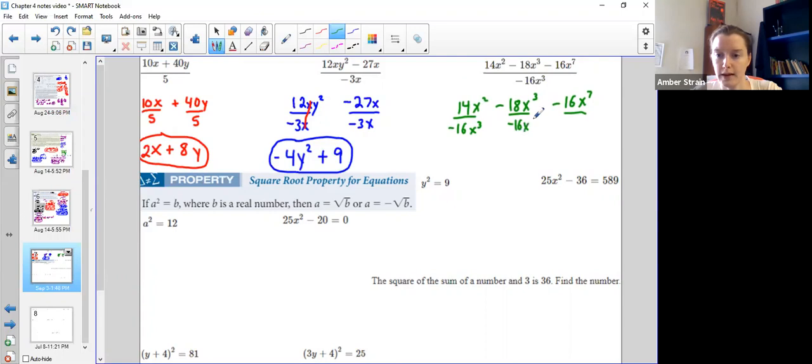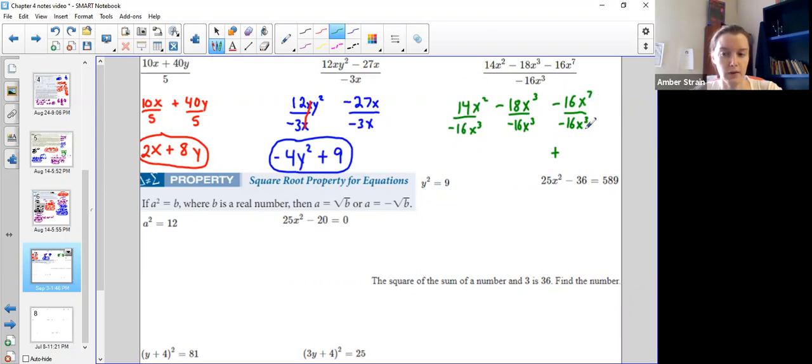So I'm going to start with the last term here. In the last one, I have negative 16 divided by 16, which would completely cancel. The number part would go away. Negative divided by negative is positive, and then 7 x's on the top and 3 x's on the bottom has more x's on the top than the bottom.